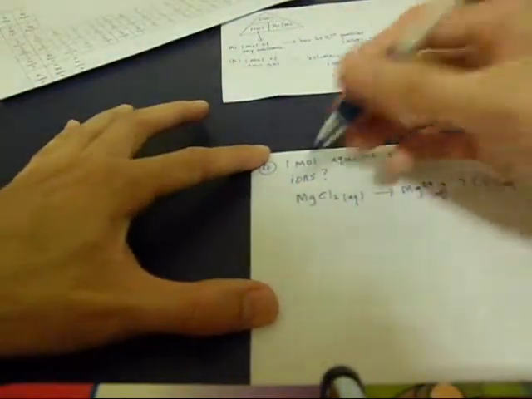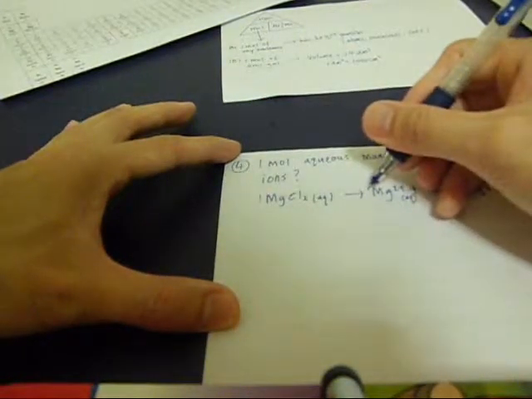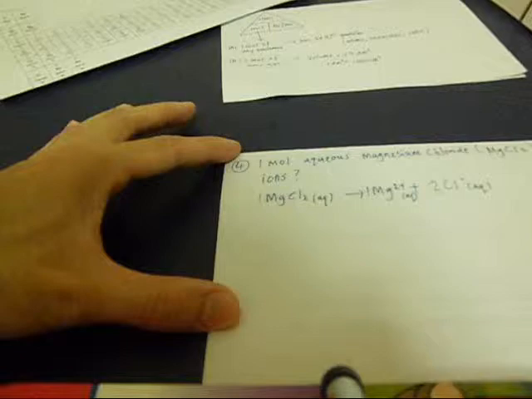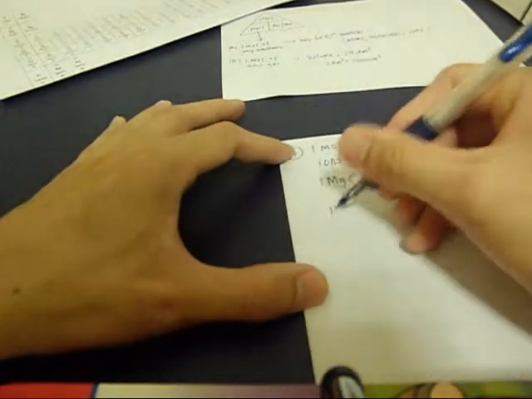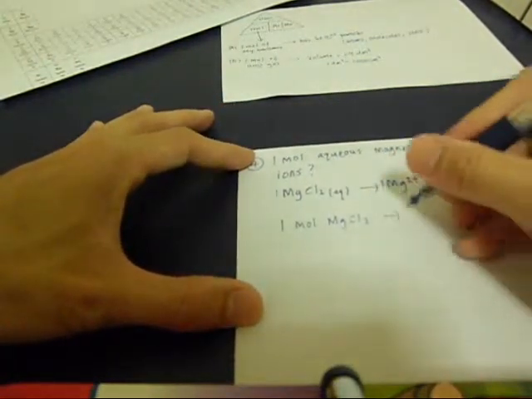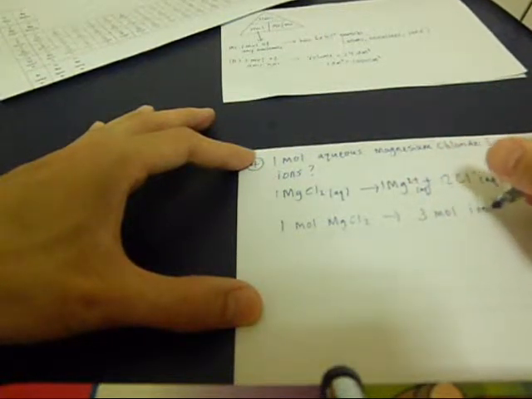So from this equation, you can see that 1 mole of magnesium chloride gives you 1 mole of magnesium ion as well as 2 mole of chloride ion. That means 1 mole of magnesium chloride will give you altogether 3 mole of ions.